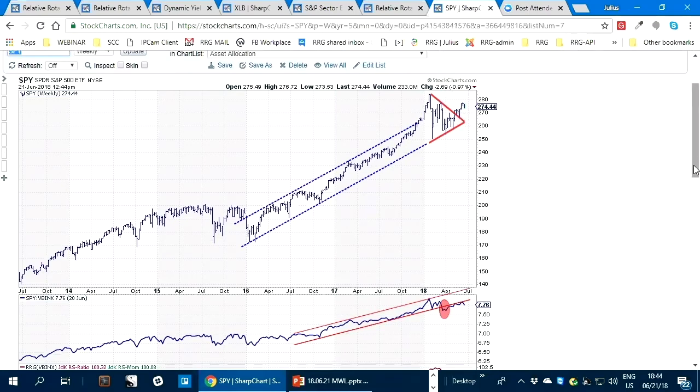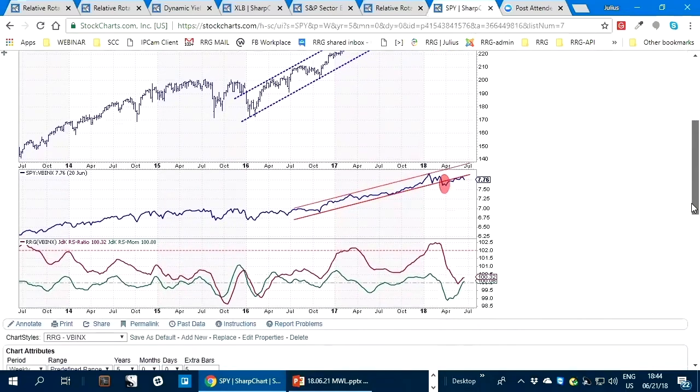And the one thing that worries me a little bit is the fact that relative strength broke out of its channel somewhere in March, April, in the red shaded area. The RS ratio was at extreme level, so it wasn't a big surprise that it was coming down.